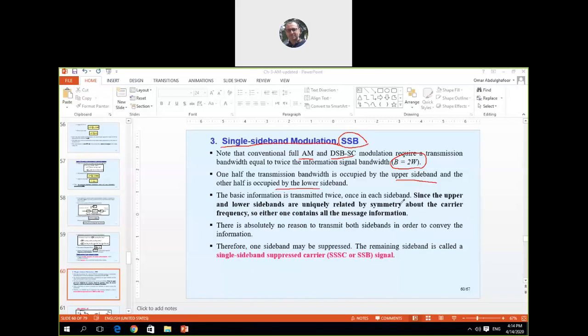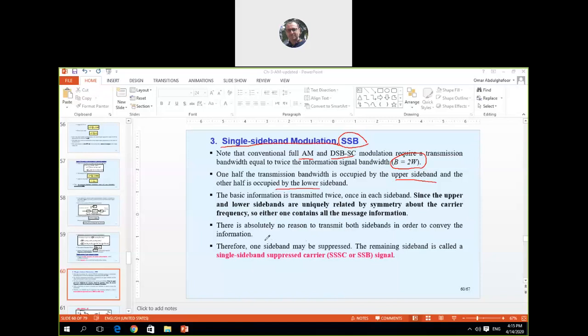And definitely, if we focus only on one band and remove the other, then we can save the spectrum. We can send more signals, because the bandwidth of the modulated signal will be the same as the bandwidth of the transmitted signal. Okay, there is no wastage in terms of bandwidth or spectrum.